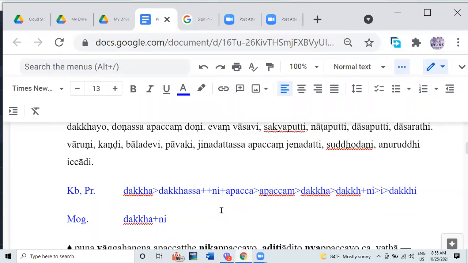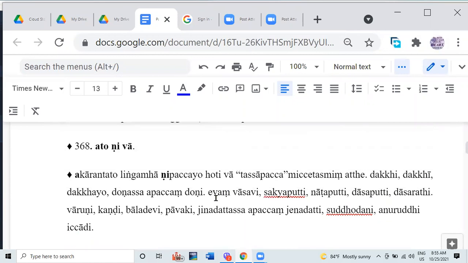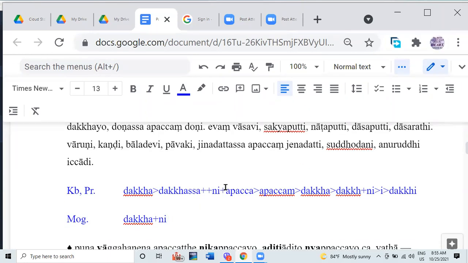I thought in the Padarūpasiddhi, Kaccayana says that after dakkha, the pacha becomes dakka, abhaja, and the ni suffix is added. After dakkhasa, the ni suffix is added.